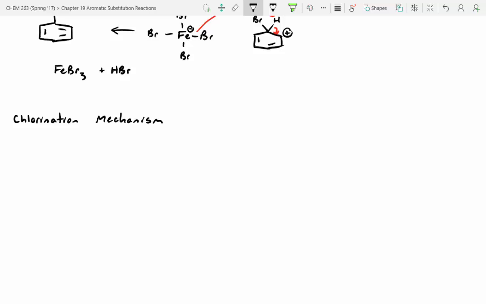All right, so with the chlorination mechanism, what I want you guys to do is to do the exact same thing that we did before, and then check with your neighbor and make sure that you've got everything set up correctly. The only difference with this is we're using aluminum as our metal instead of iron. So I'll give you guys a minute to draw out the full mechanism for this, and then check with your neighbor to make sure that you've got the same mechanism.